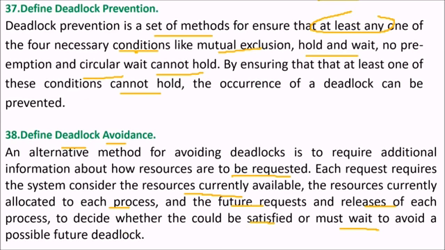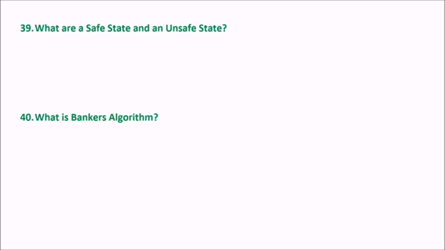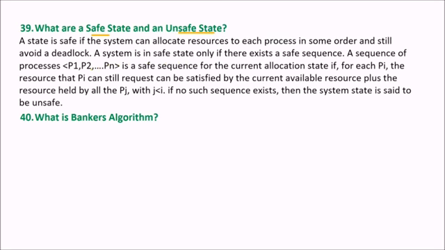This is deadlock avoidance. What is a safe state and what is an unsafe state? A state is safe if the system can allocate resources to each process in some order and still avoid a deadlock. A system is in a safe state only if there exists a safe sequence.